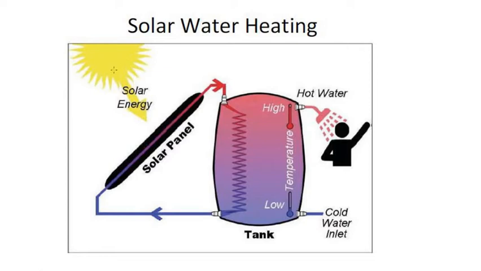Solar energy falls directly on the solar panel, and due to this solar panel or heat collector, the carrier fluid in the pipe will heat up, and the fluid is in circulating motion like this.